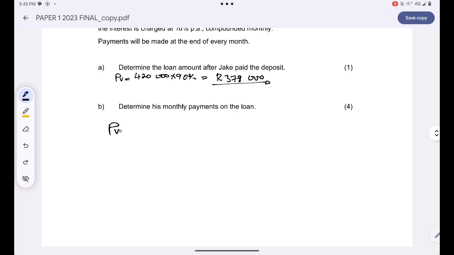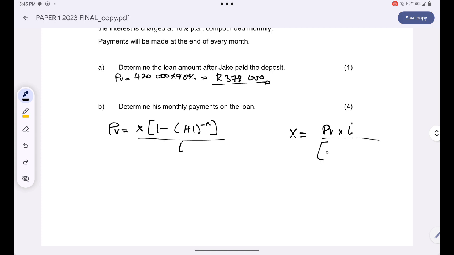Okay. PV is equal to X times the bracket. This equation will be given to you. Basically, for me to find the value of X, I just need to take the present value multiplied by the interest, all over the bracket, which is 1 minus 1 plus i to the power of negative n.